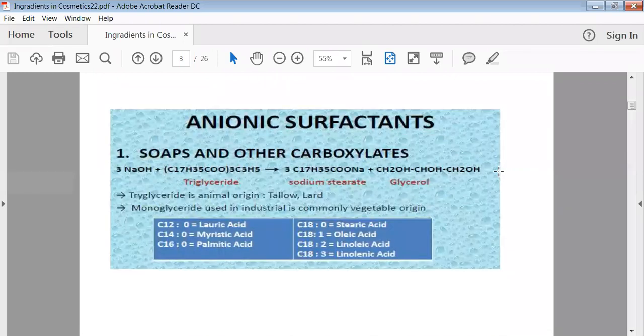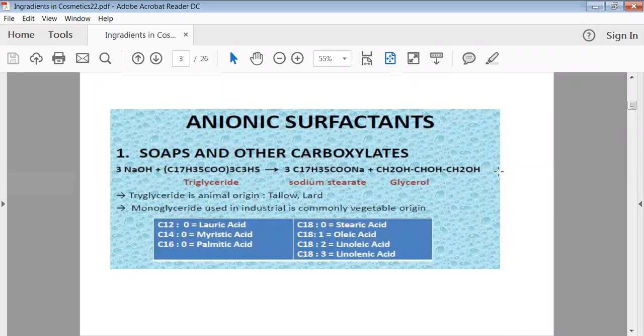Then anionic surfactant means what? These are basically soaps and carboxylates. So triglyceride, it originates from the animal source, so most probably we are using them. Then monoglycerides are also used as anionic surfactants.